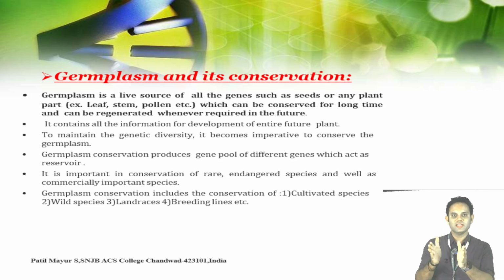The genetic diversity of all living organisms has become threatened due to the diversity loss or destruction occurring in nature. To maintain biodiversity, it becomes compulsory to conserve the germplasm, because once the diversity is lost, we cannot recover it.